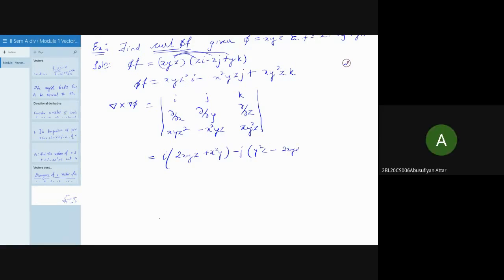Then plus k into minus k. You take the minus outside, yes ma'am. Okay, it will come common, minus outside, because here you also have minus. So by directions it is 2xyz plus xz square, taking minus outside here. Z square, ma'am. X z square. Okay.